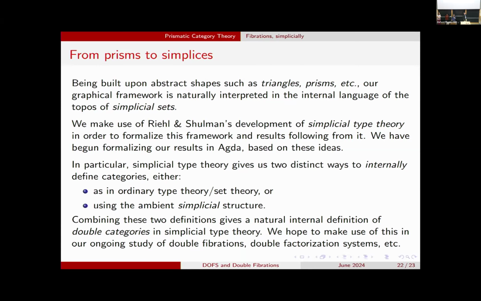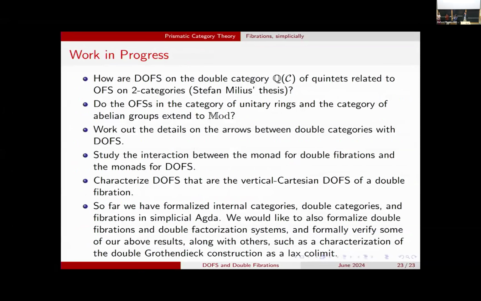And the cool thing is you can do both of these at once, and that gives you a really natural internal definition of double categories in simplicial type theory. So we're hoping to make use of this in our study of double fibrations, double factorization systems, and so on.